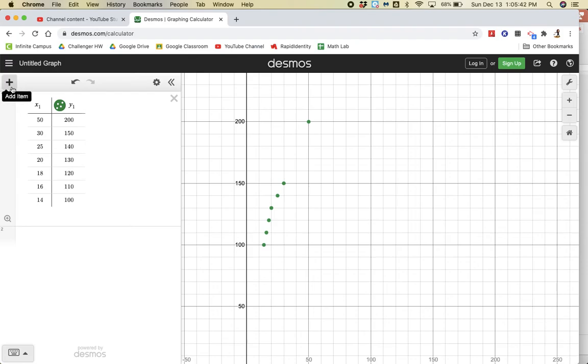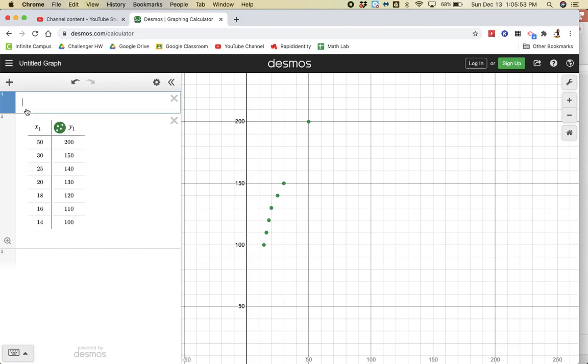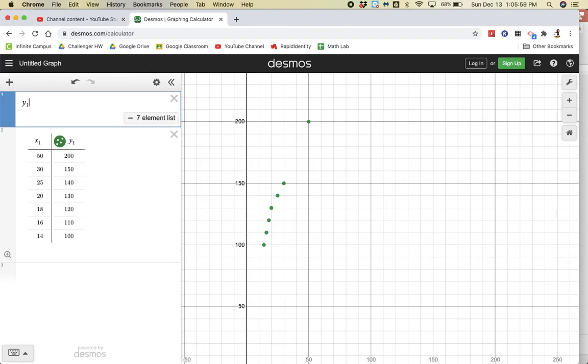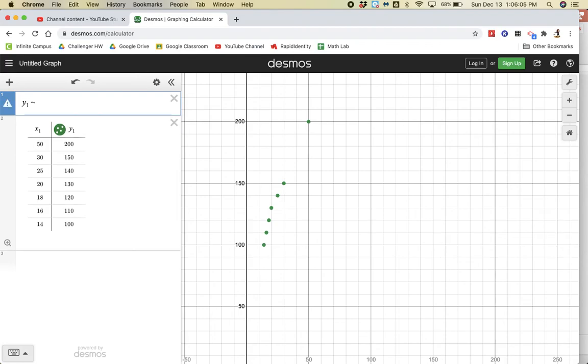So what we're going to do is now click the plus sign one more time. This time we're going to click expression, and you're going to type in y and then the number 1, and then you're going to use shift and then the squiggly key, which is in the top left corner of your keyboard below the escape key.